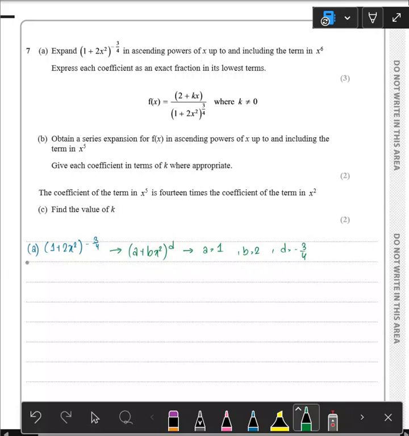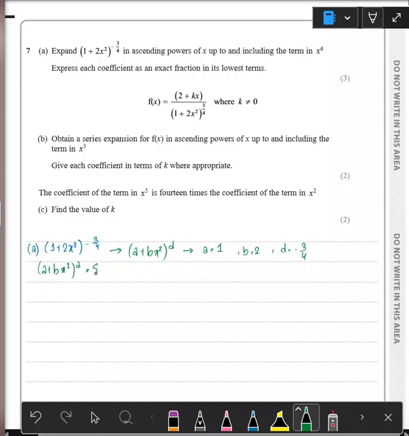When an expression is in the form (a + bx²) to the power d, the expansion would look the same as it would for (a + bx) to the power d, just with x replaced by x².